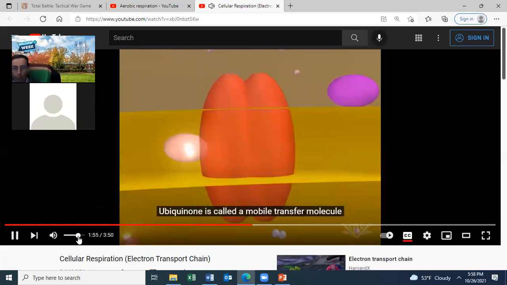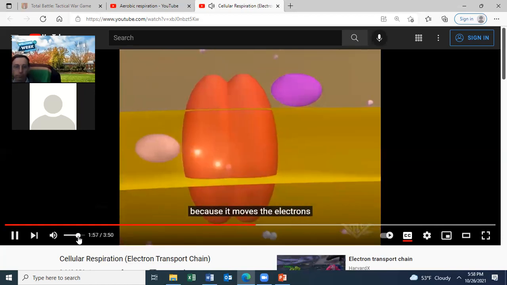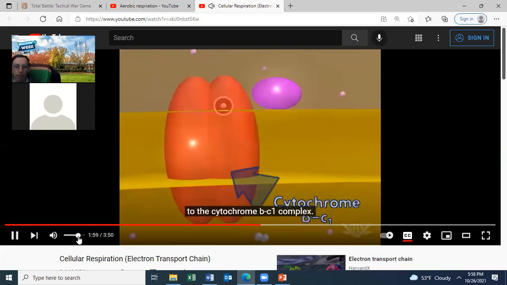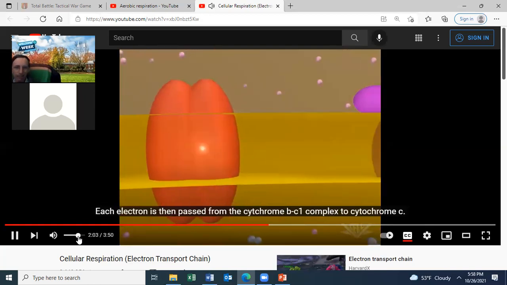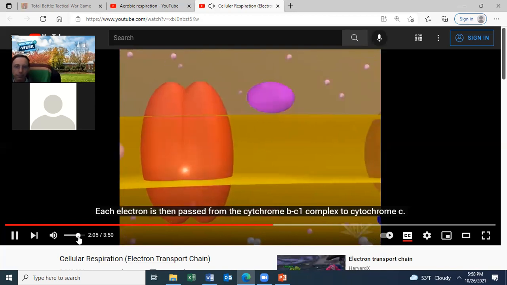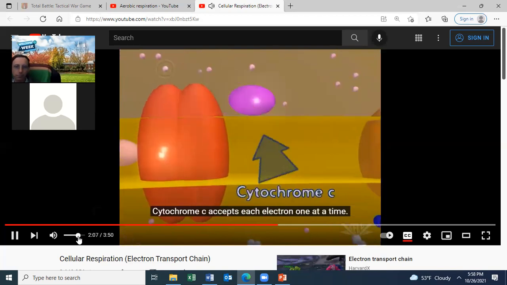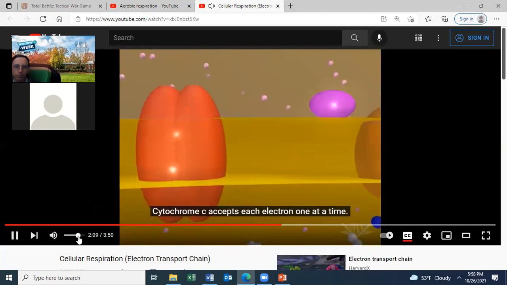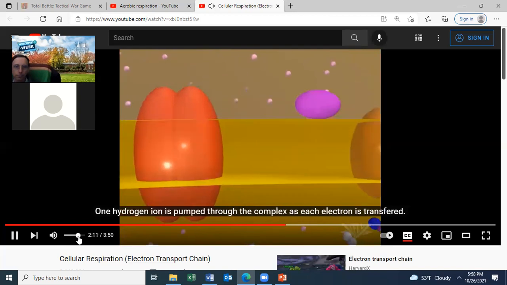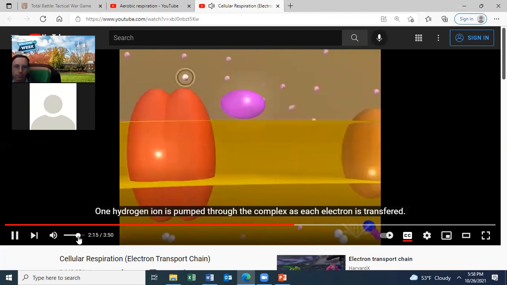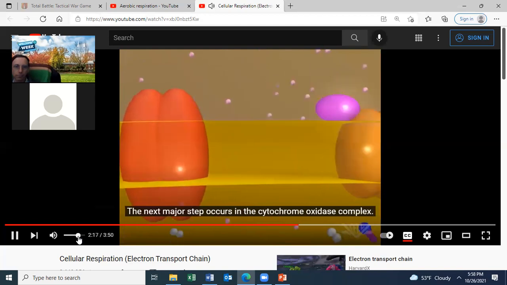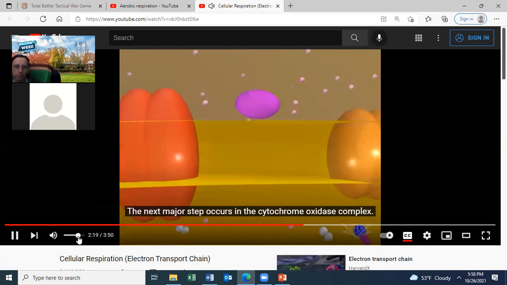Ubiquinone is called a mobile transfer molecule because it moves the electrons to the cytochrome BC1 complex. Each electron is then passed from the cytochrome BC1 complex to cytochrome C. Cytochrome C accepts each electron one at a time. One hydrogen ion is pumped through the complex as each electron is transferred. The next major step occurs in the cytochrome oxidase complex.